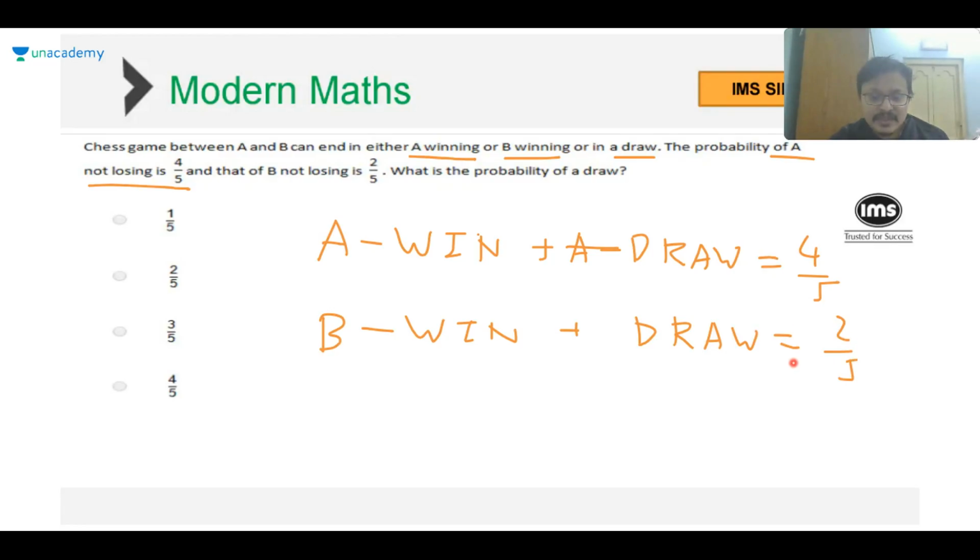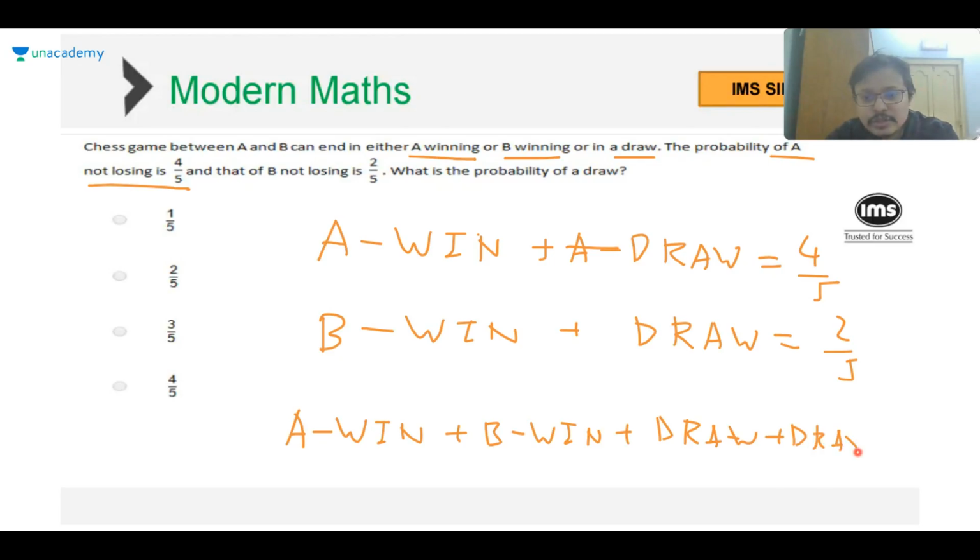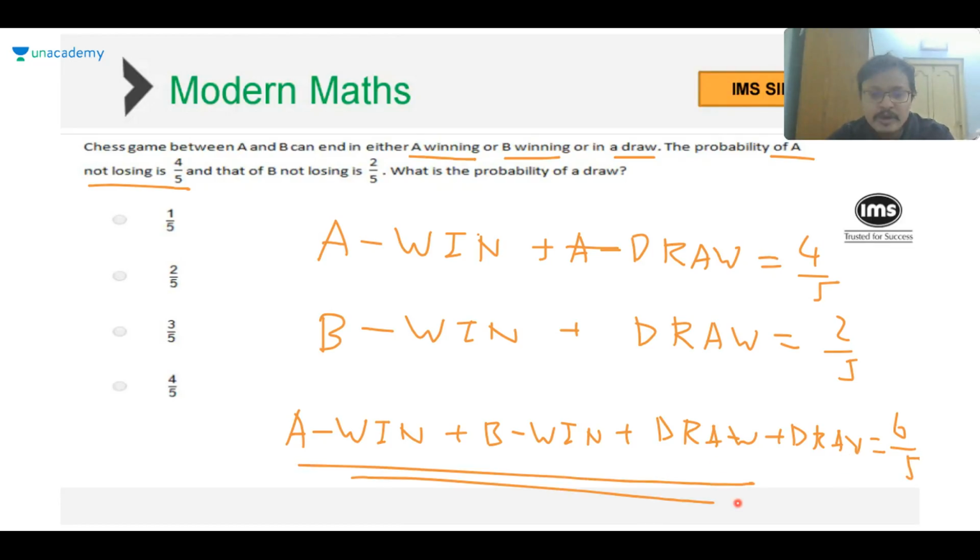So if I add the three, I end up getting the probability of A win plus B win plus draw is equal to 6 by 5. Out of which, what is this portion?